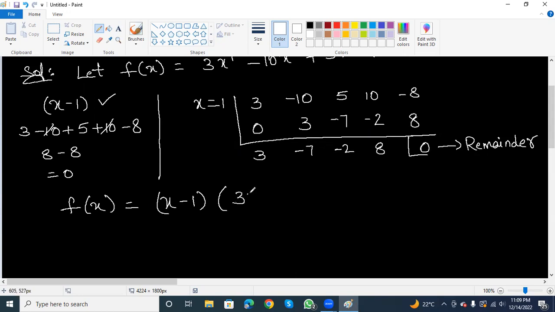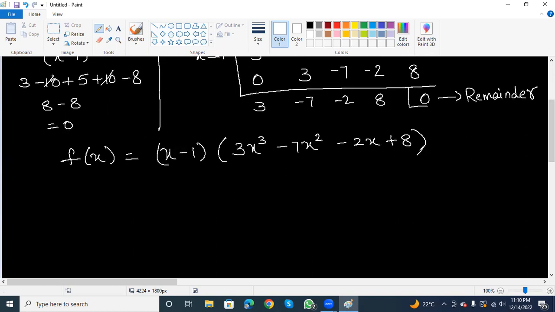It is 3x cube minus 7x square minus 2x plus 8. So we have taken a biquadratic polynomial, which has degree 4, and made it a cubic polynomial with one factor. Now this cubic polynomial again we need to factorize by using the synthetic division method.